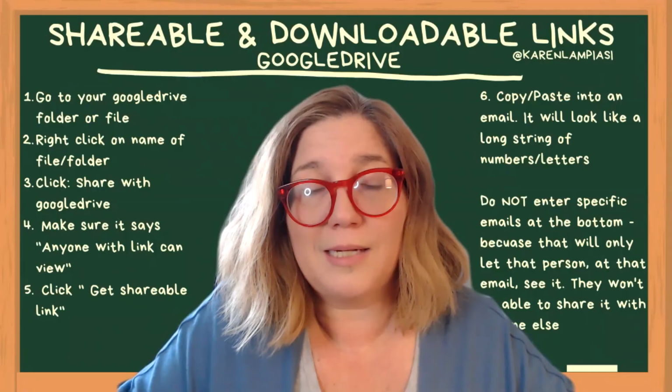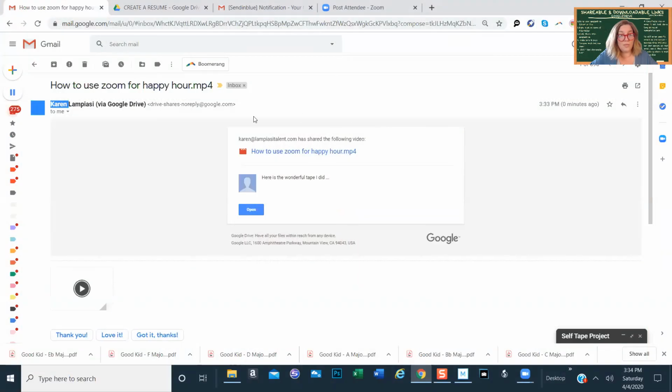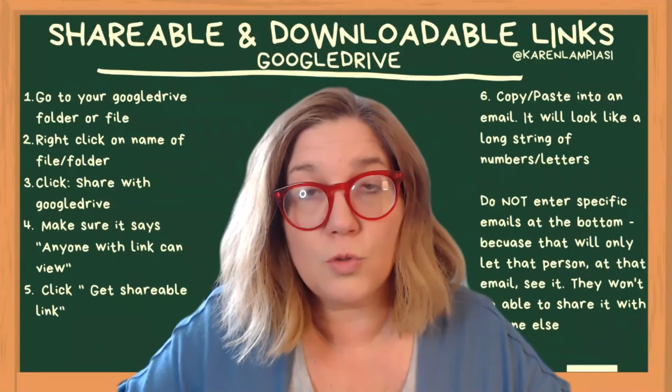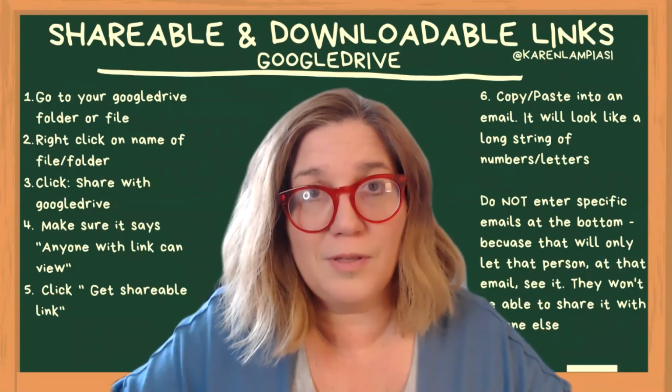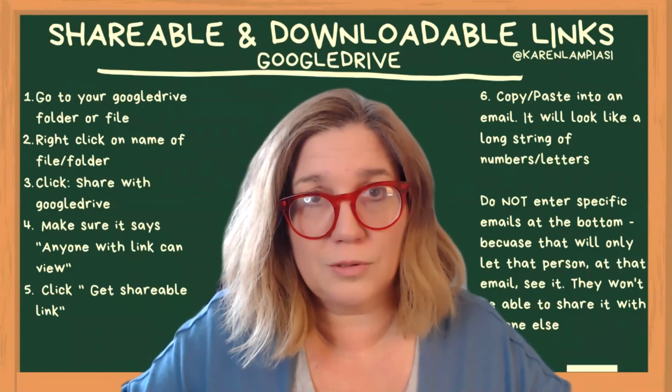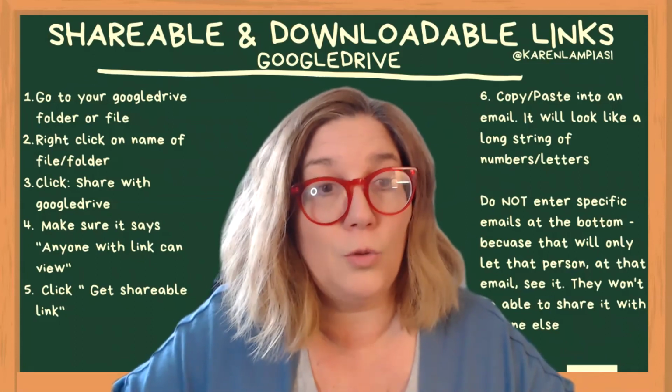If you had shared it with just permission, this is what they're going to see, but there's no active link. So just to recap, the quick way to do this is go to your Google Drive, find your file folder structure and find the folder or the file that you want to share.